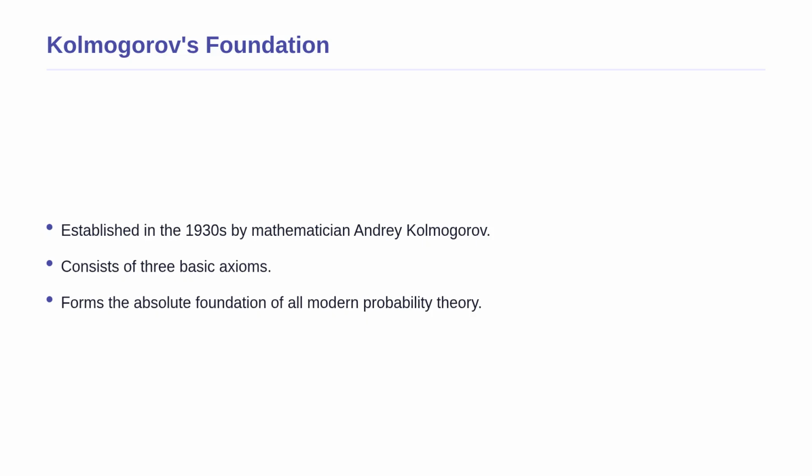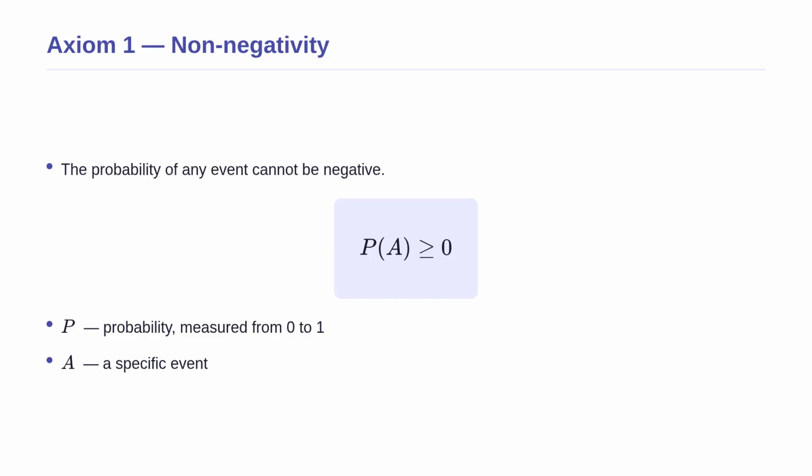Every complex statistical model, financial forecast, or scientific study you will ever see is built directly on top of these 3 unbreakable laws. They ensure that our mathematical fuel gauge works consistently for everyone, no matter what specific problem we are trying to solve. Let us look at the first rule, known as the axiom of non-negativity.